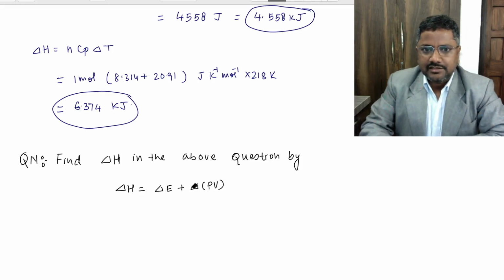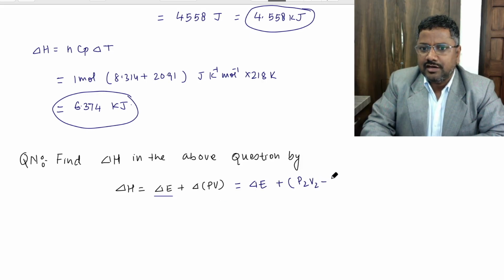For this you have delta E already, so you should calculate this delta PV. So this is equal to delta E plus P2 V2 minus P1 V1.